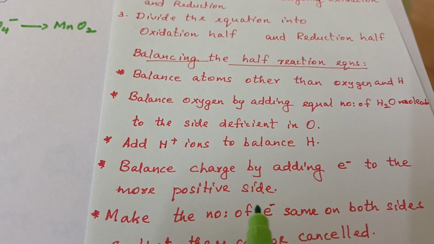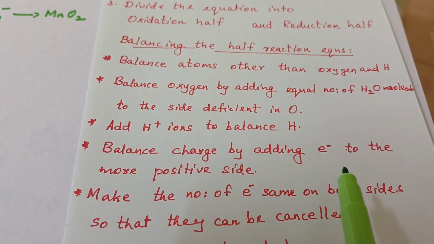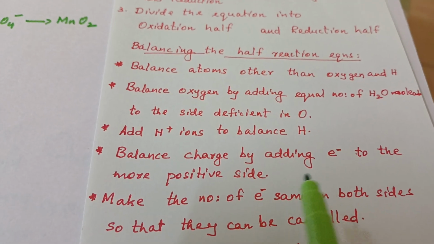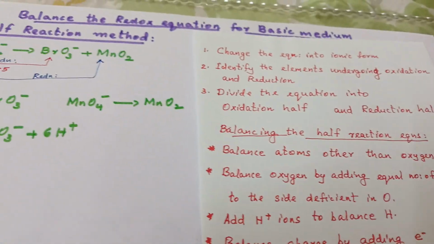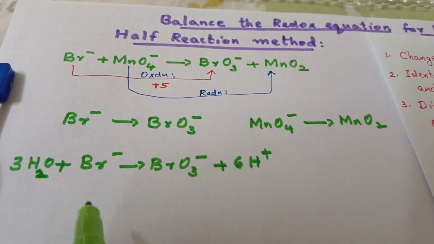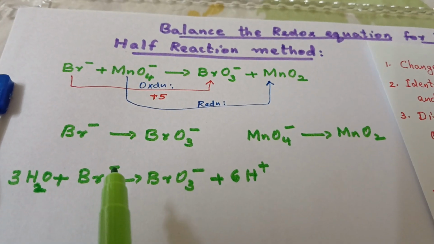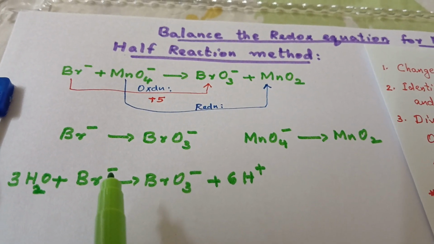What is the next step? Balance charge by adding electrons to the more positive side. We need to add electrons to the more positive side. Here on the left hand side, we have 1 negative charge, -1.